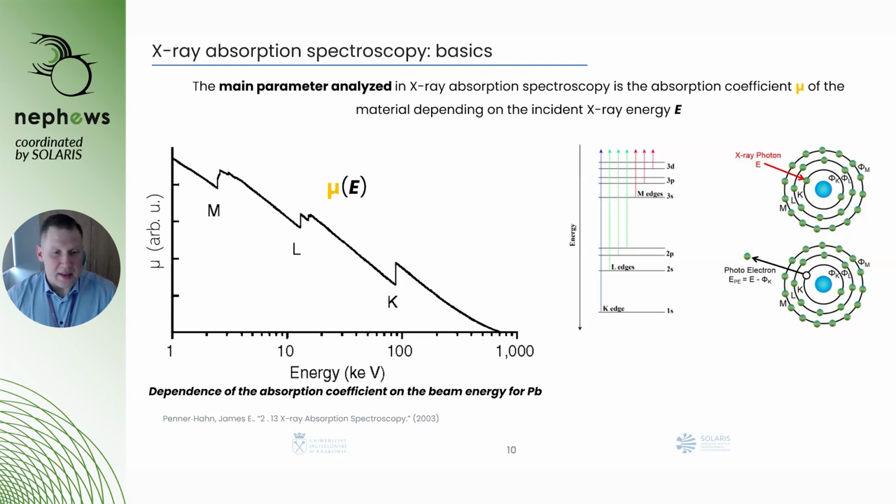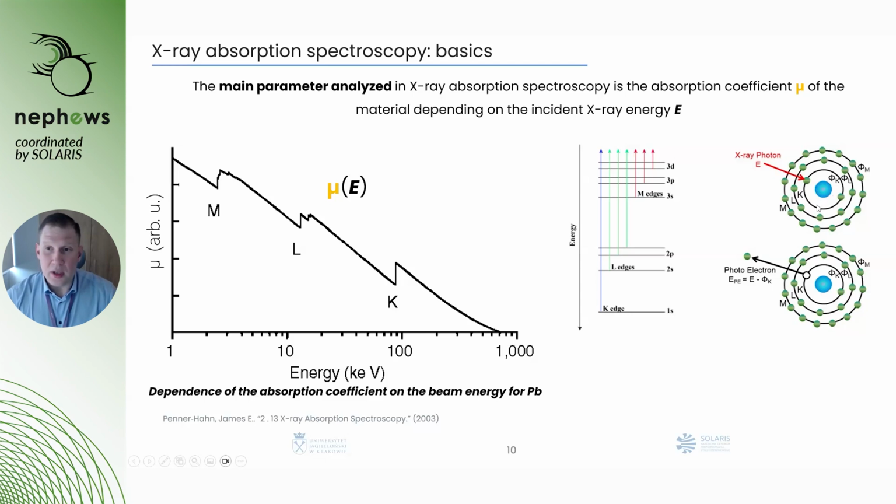With increasing energy of X-ray radiation, the interaction decreases until the moment when the energy of X-ray radiation is equal to or higher than the binding energy between electrons on the core levels and the nuclei.